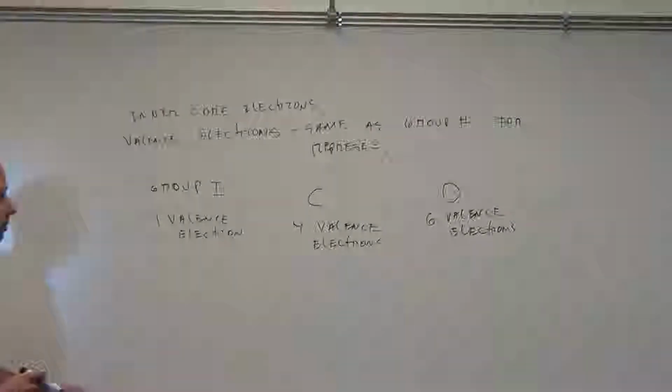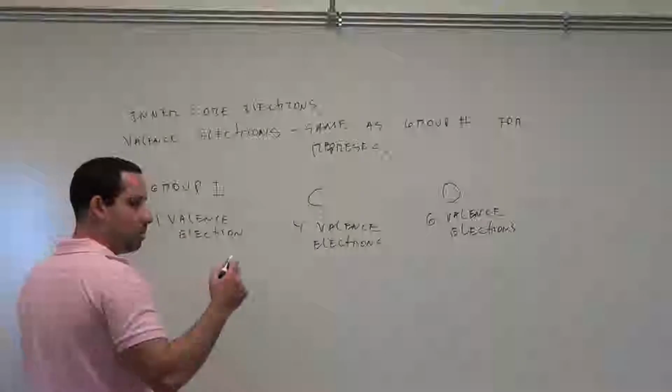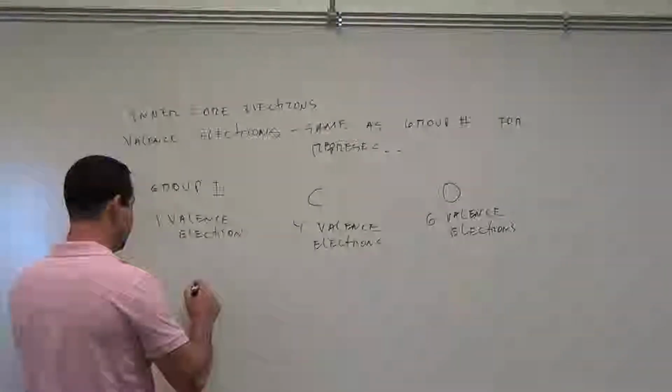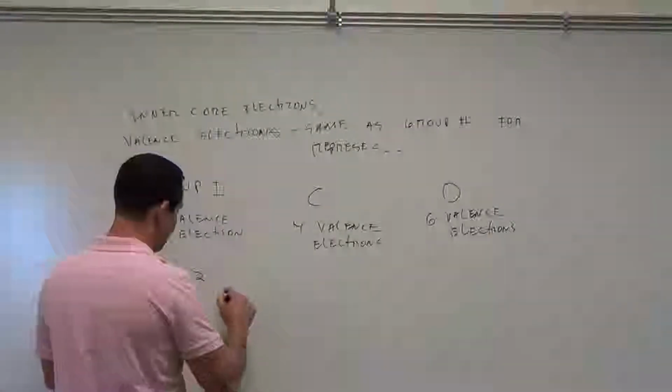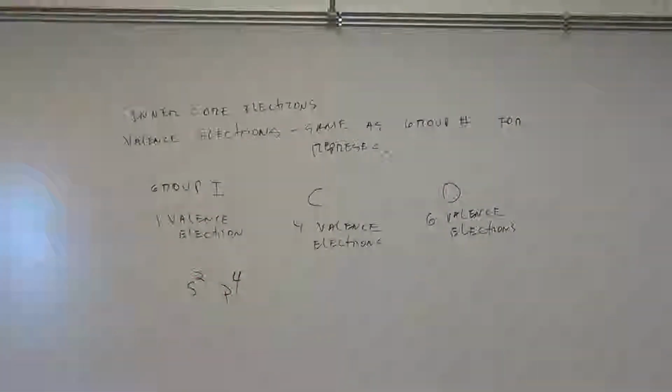So let's say you have this: 3s2 3p4. Where is this element?